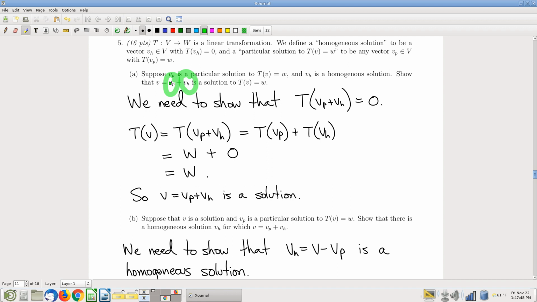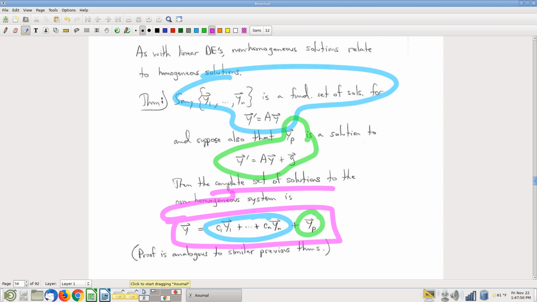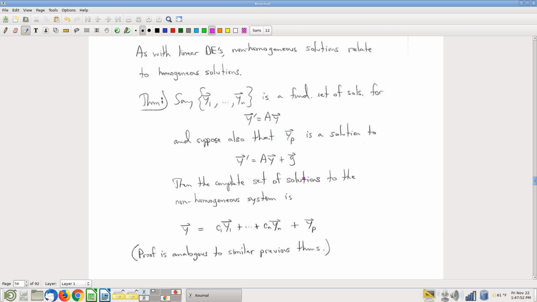So now all you have to do to confirm that this is true in this case is confirm that we have a linear transformation in play, specifically that T(y) = y' - ay. You just have to show that this is a linear transformation.